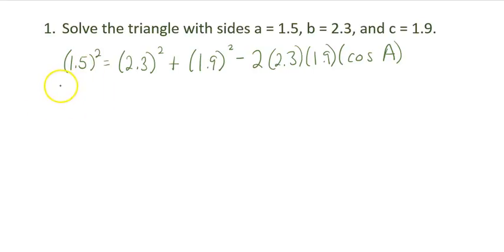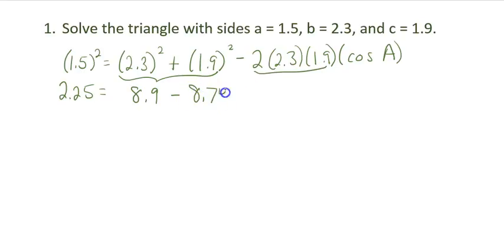So 1.5 squared is 2.25. I'm going to go ahead and add these two together and get 8.9, and then put my subtract and figure out what this multiplied together is. And that will be 8.74 times, again, the cosine of A. Now, before I go on, the absolute biggest mistake people make is they take this number and subtract this number.